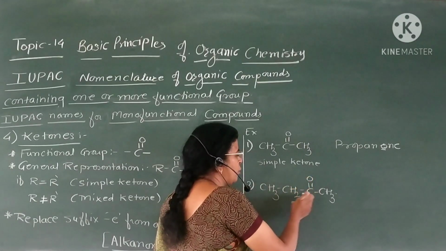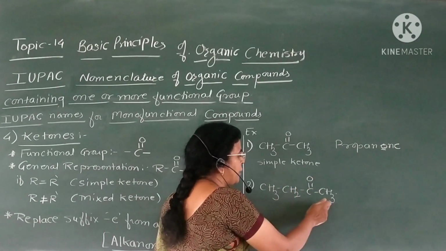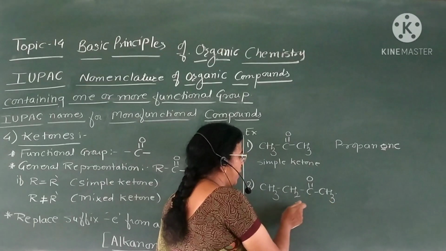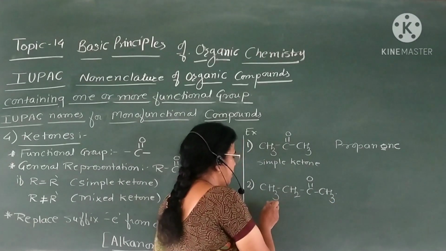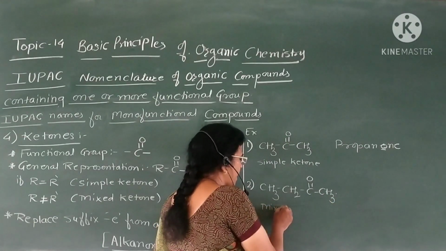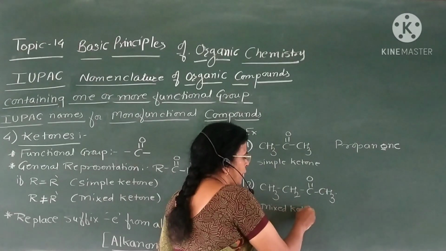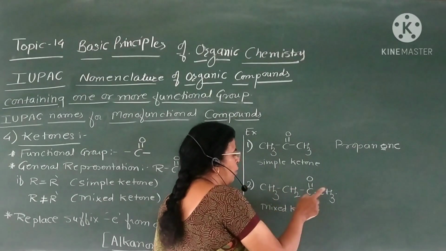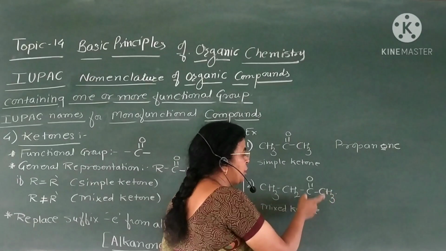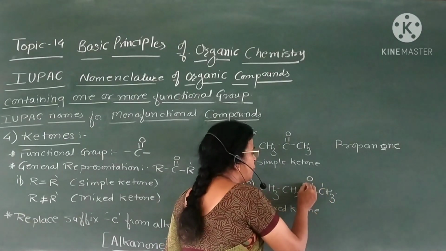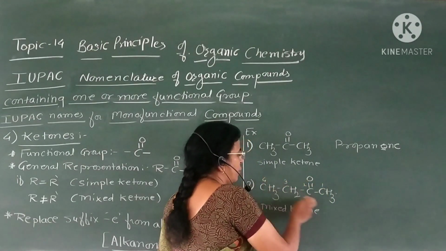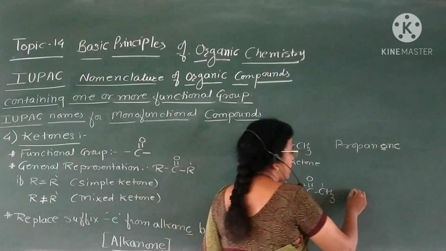Now this carbonyl group is attached to 2 different alkyl groups. One is a methyl group and the second is an ethyl group. Therefore it is a mixed ketone. And for the name of this ketone, give numbering from the end which is nearer to the functional group: 1, 2, 3 and 4. It becomes butane.